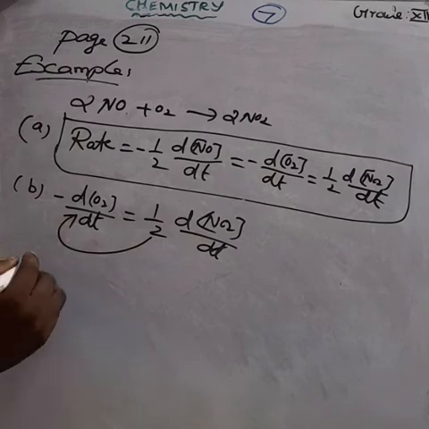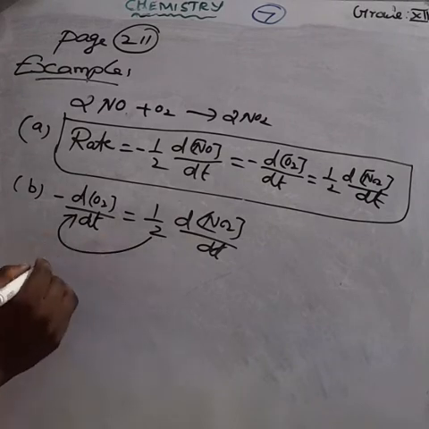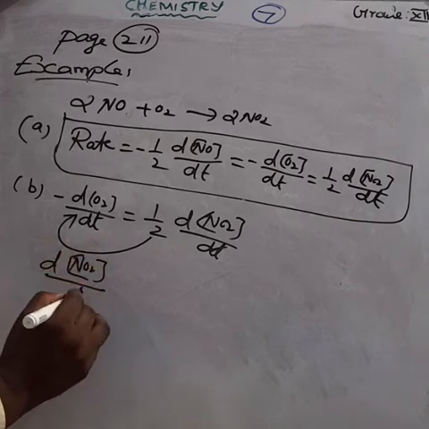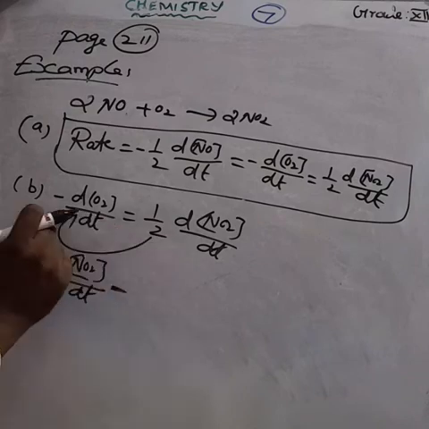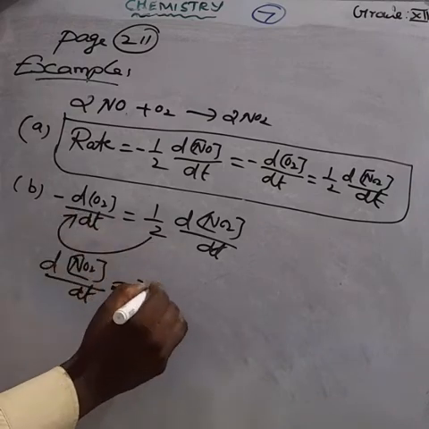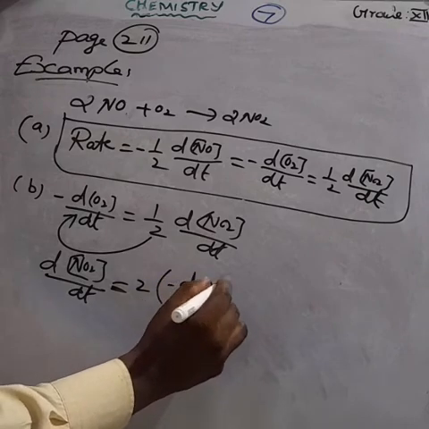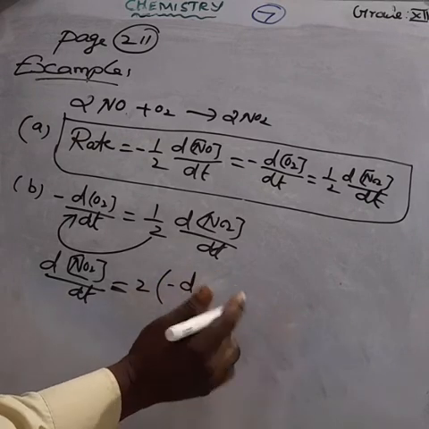So I can write here d[NO2]/dt is equal to 2 into minus of d[O2], the concentration of O2, divided by dt.